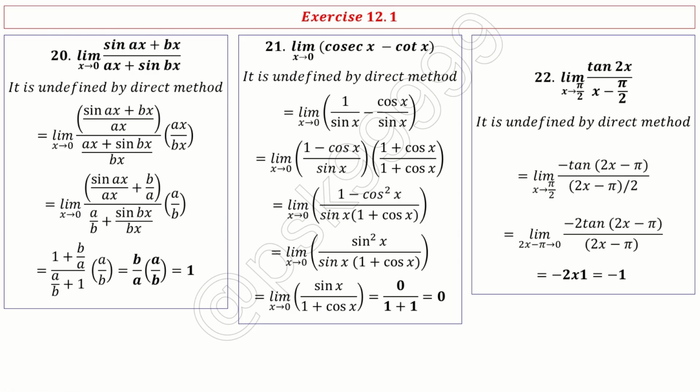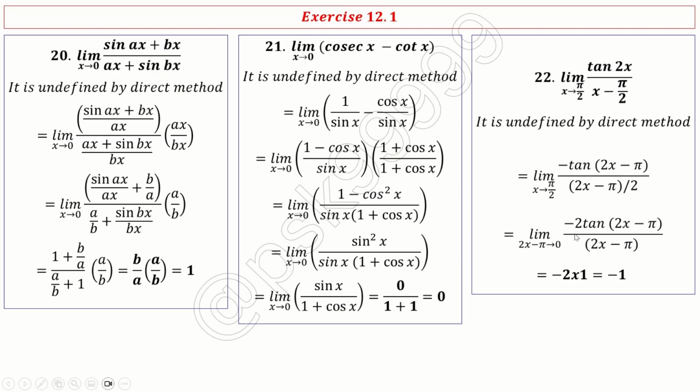Limit x tends to pi by 2, tan 2x by (x minus pi by 2). If I directly substitute, it is undefined. So tan 2x, I am writing it as tan (2x minus pi) or (pi minus 2x), because this will give me minus basically. So minus of minus will become plus, and denominator I am writing as (2x minus pi) divided by 2.